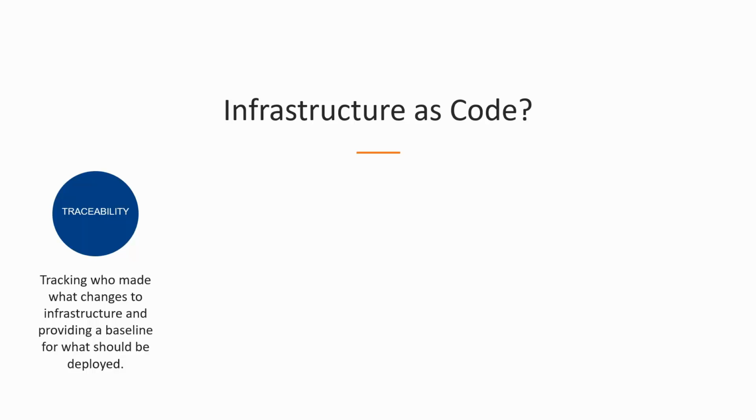When you think about the way that developers work with their code, they're checking it into source control, you've got version histories, and what that gives you is traceability. So when you think about your infrastructure, the way that it looks, the way that it behaves, and the configurations you've got for n number of cores, or in cloud resources, an Azure SQL database: how are we deploying that, where are we deploying it?